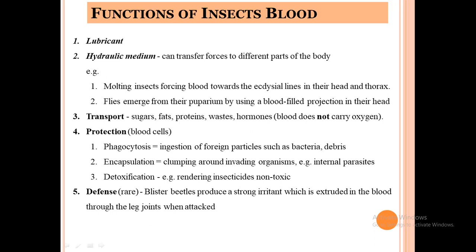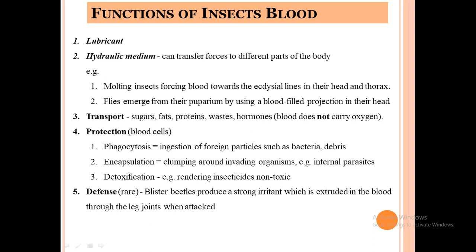The most efficient hydraulic performance in insects is during the molting process. In molting, the insect forces blood toward the ecdysis lines in the head and thorax, and by this pressure the shedding of skin takes place. Flies emerge from their puparium by using a blood-filled projection in their head.